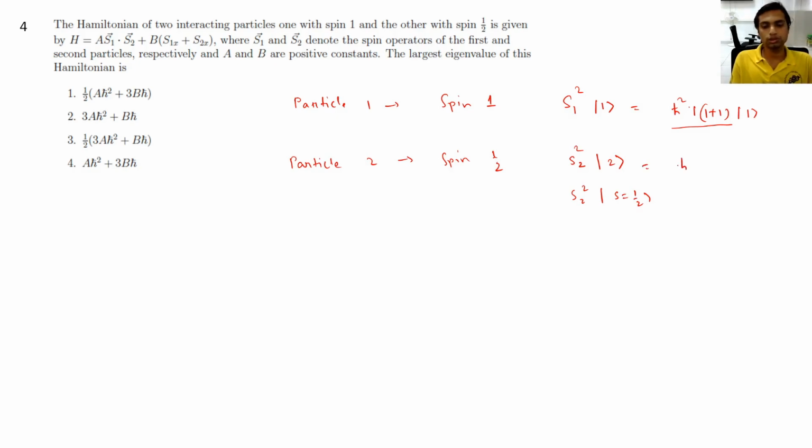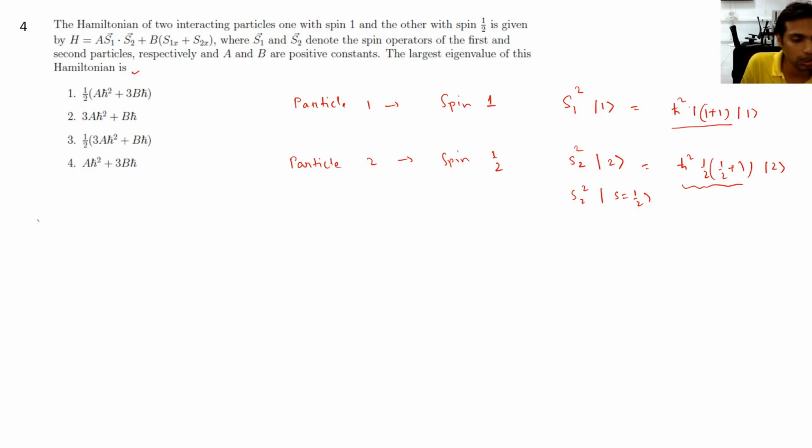So this will give you h bar square times 1 by 2 into 1 by 2 plus 1, which is the eigenvalue for the S2 square operator. Now what we are going to do is find the largest eigenvalue of this Hamiltonian. So let us now do that.